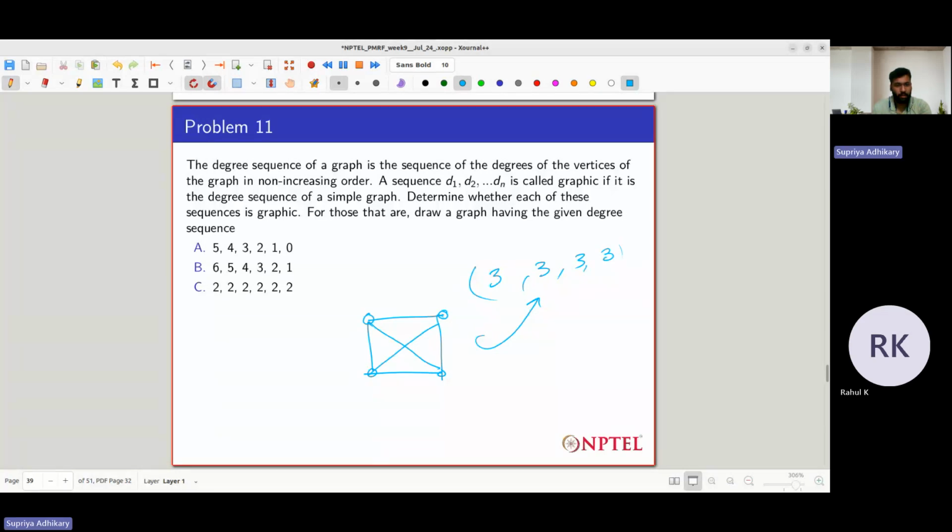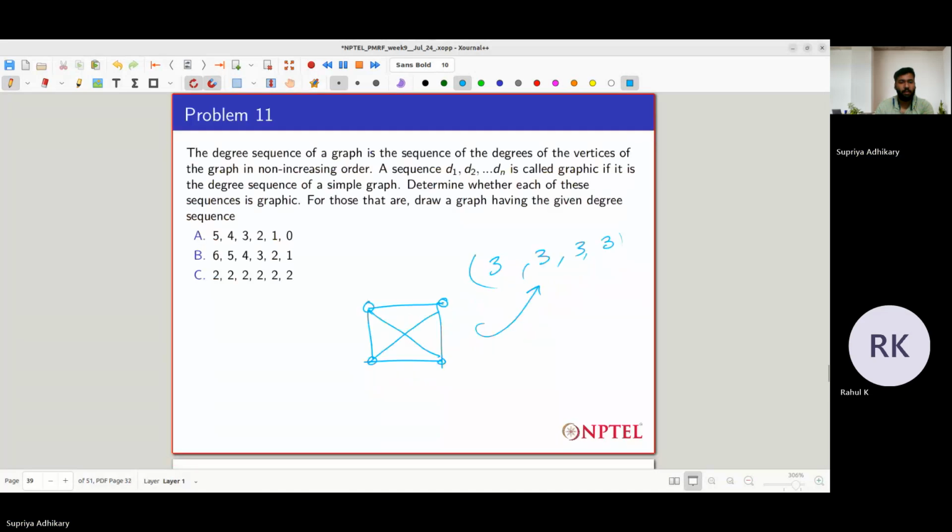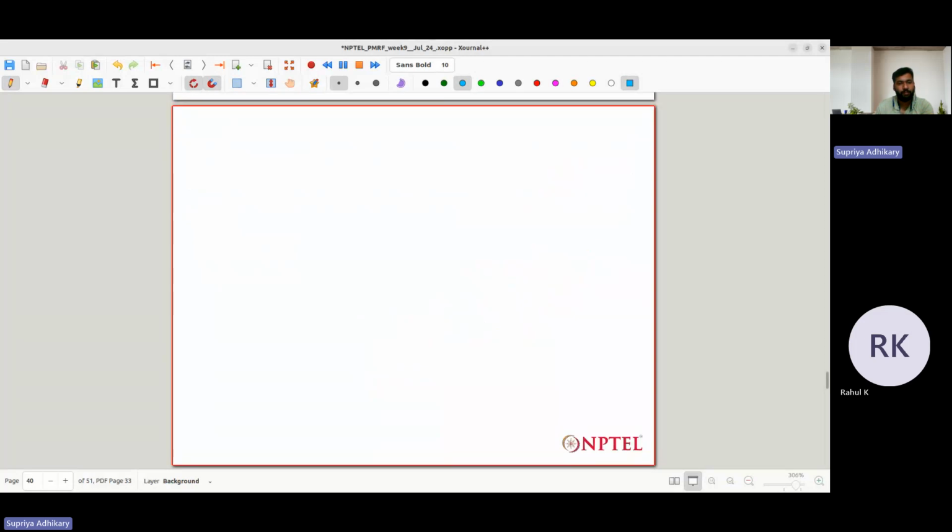Now we have to check whether the given sequences are graphic or not. The first sequence is given as 5, 4, 3, 2, 1, 0. There are two ways to prove that this is not graphic.